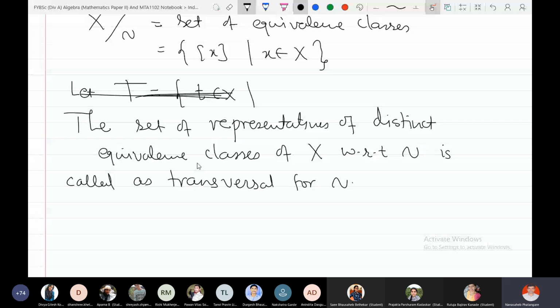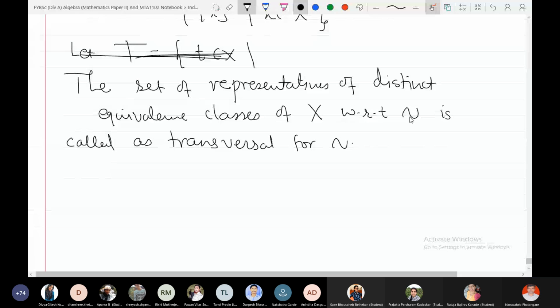Transversal means what? You choose one representative from each class and put that in the set T.